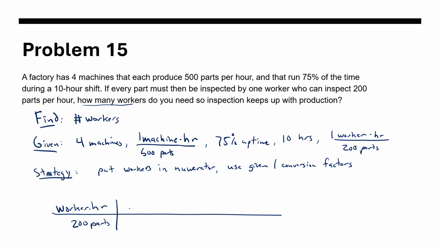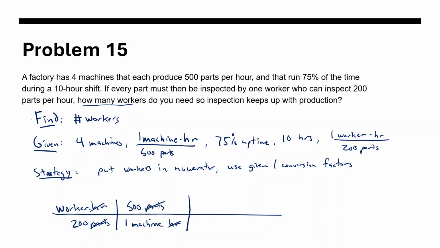So we have parts here, so we need something with parts on top. This is our only other thing here that has parts. So we can do this like this. 500 parts takes one machine hour. And what that does is that allows us to get rid of hours and get rid of parts.